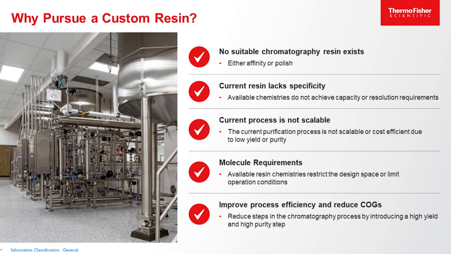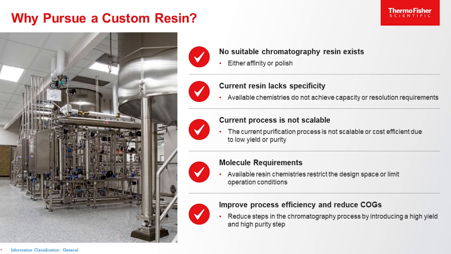And the first reason I already mentioned, so that when there's no suitable chromatography resin available. The second reason is that you may already have a purification process in place, but the resin lacks specificity, so the chemistries do not allow you to have the capacity or the resolution that you want. The third reason may be because your current process is not scalable, because the technologies you are using are not cost efficient.